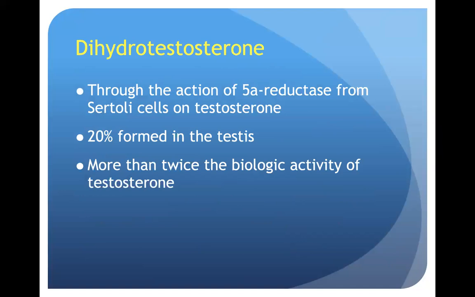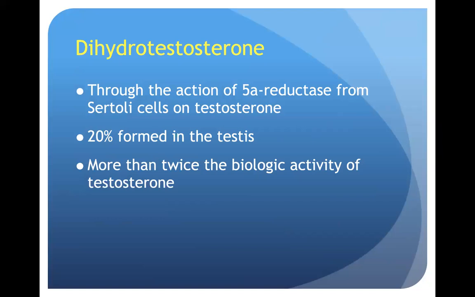And then as mentioned, yung testosterone is mainly in the form of dihydrotestosterone. And this is after the action of the 5-alpha reductase. And this 5-alpha reductase also is secreted by your Sertoli cells. Okay?